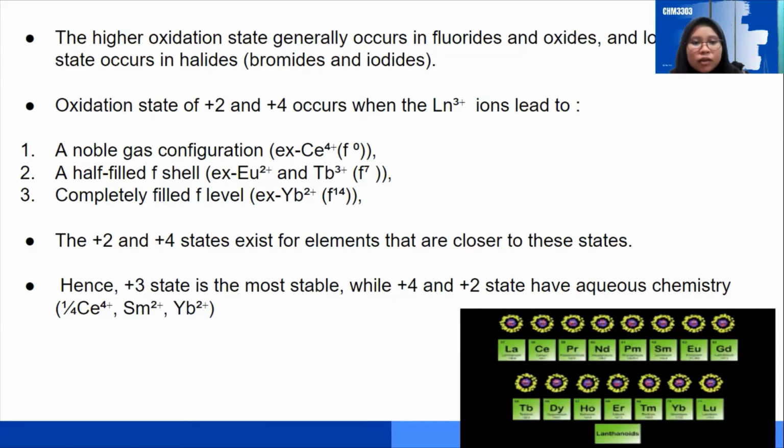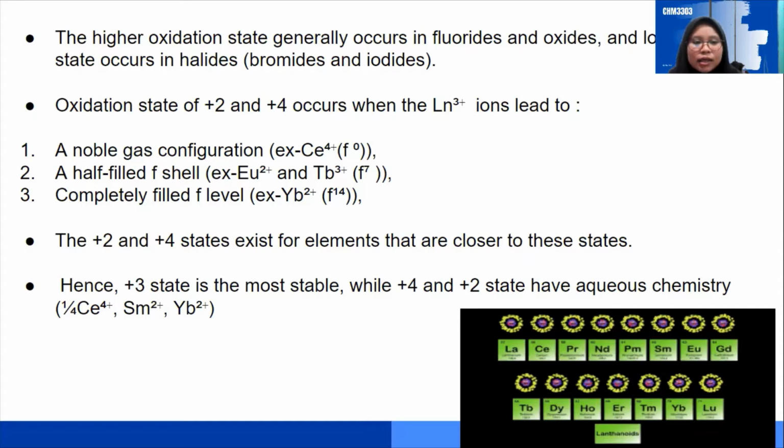For example, ytterbium 2+ ion that has 14 electrons in the f shell. And then the +2 and the +4 states exist for elements that are closer to this state.